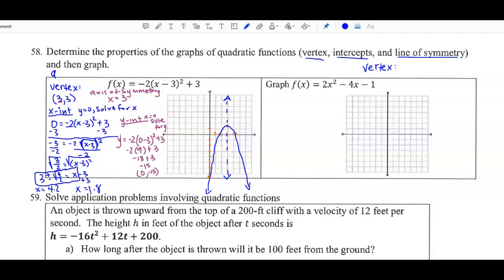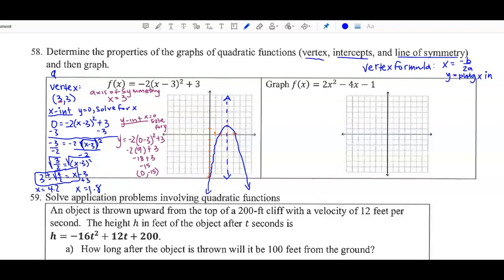But if you want to use the vertex formula, remember that x is going to be -b over 2a. And then to find y, you plug x into the formula.